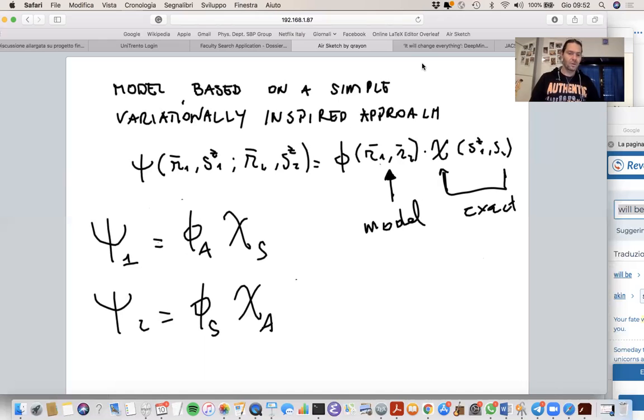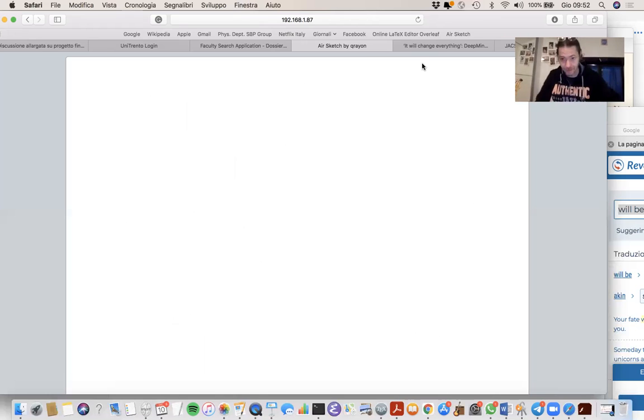whichever of these two is the best solution? Which is best? Well, Ritz's theorem tells us the answer to this question.